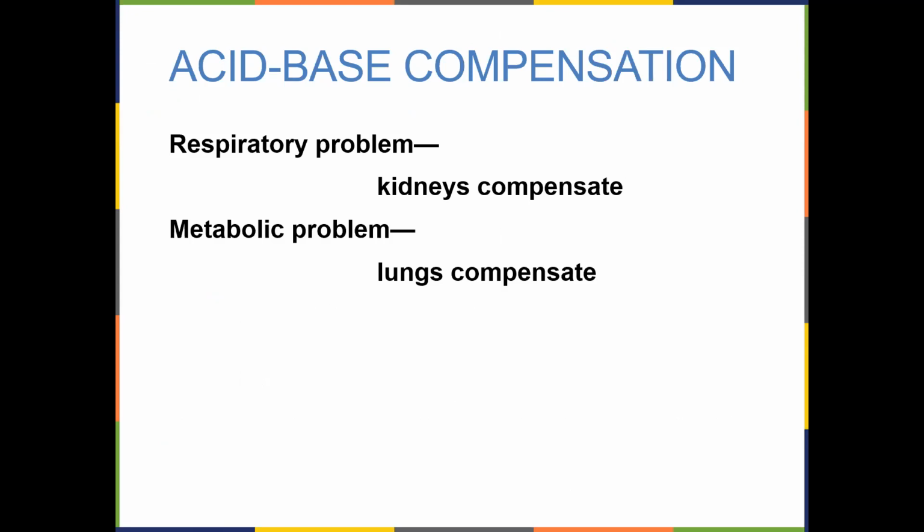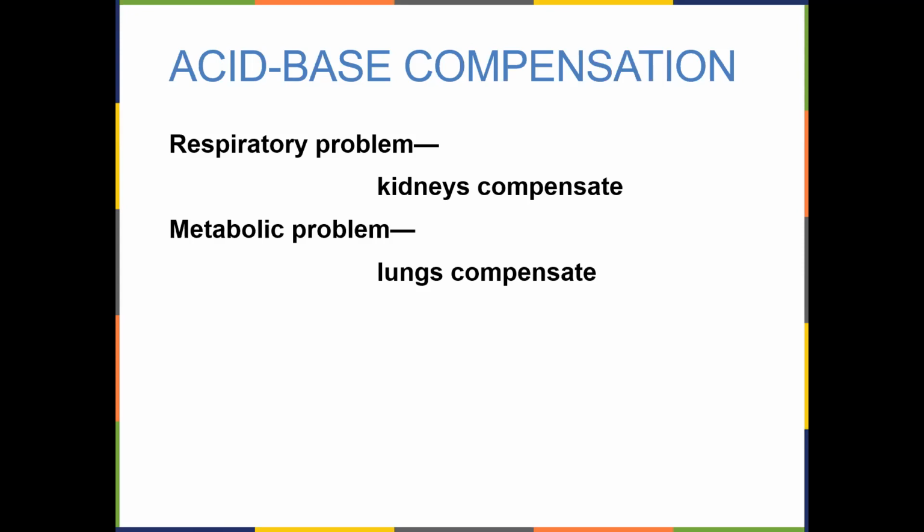You breathe rapidly in ketoacidosis. So the lungs are trying to fix the problem. In ketoacidosis, you are too acidic. Your blood work comes back and says the pH is 6.5, but the CO2 is normal.